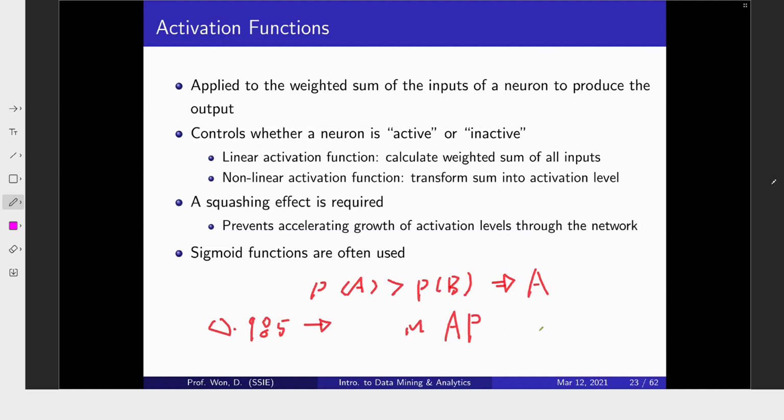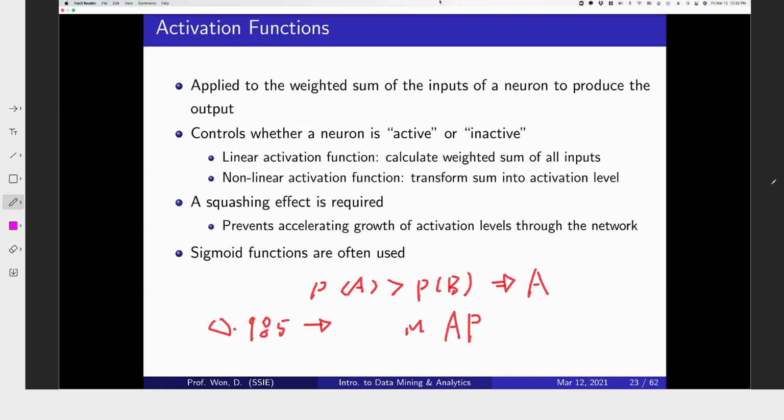There are very different kinds of activation functions depending on the structures, but the simplest one is the linear activation function. Just sum everything linearly with all the different weights.